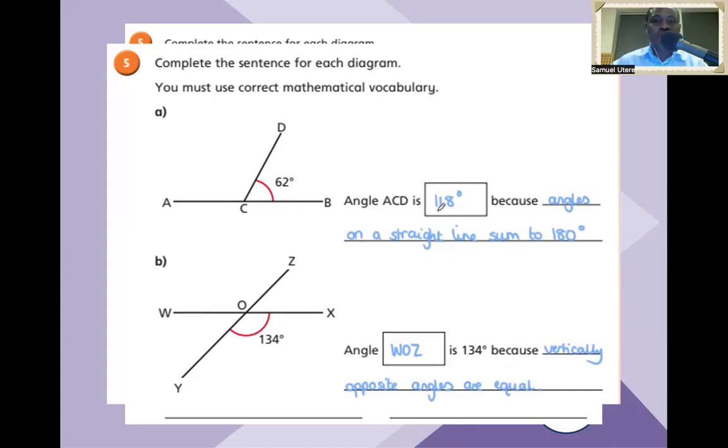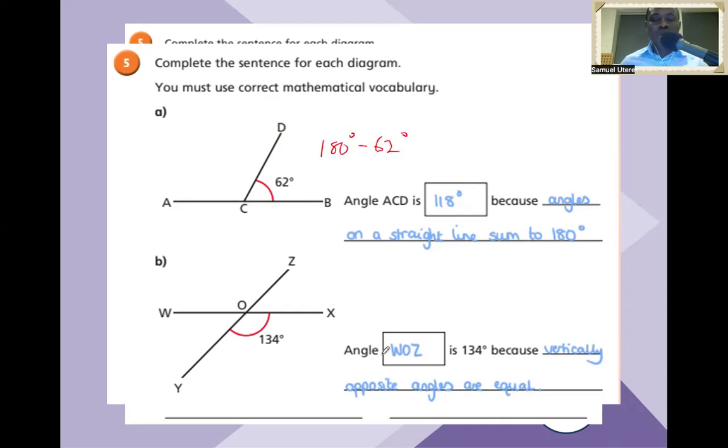Angle ACD is 118 degrees. Why? Because angles on a straight line sum to 180 degrees. How do we know that? To get this, we simply do 180 degrees minus 62 degrees.